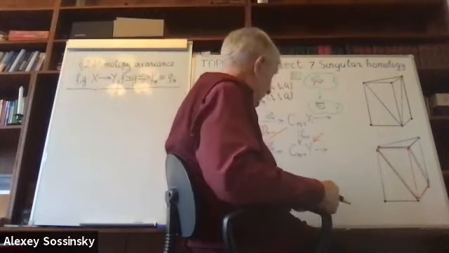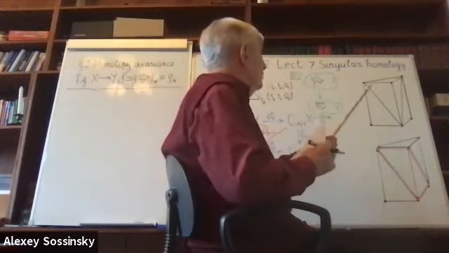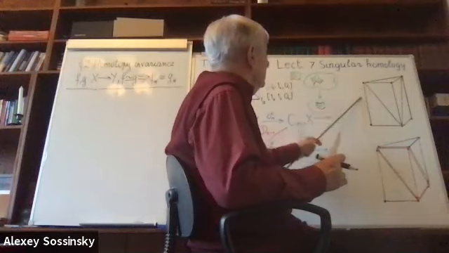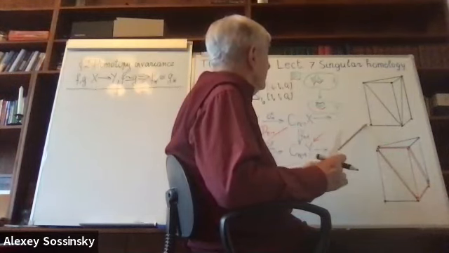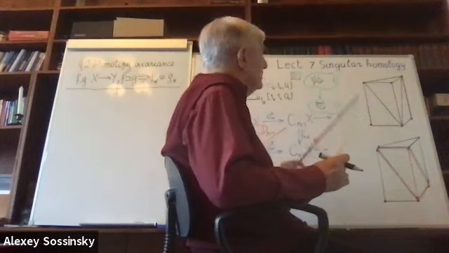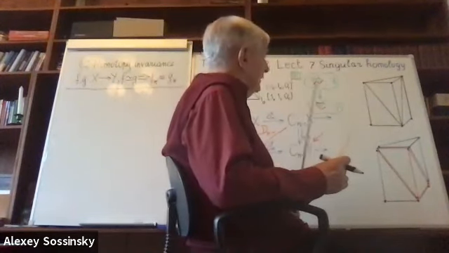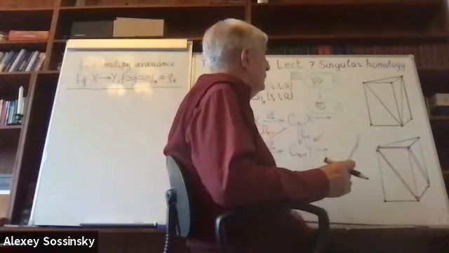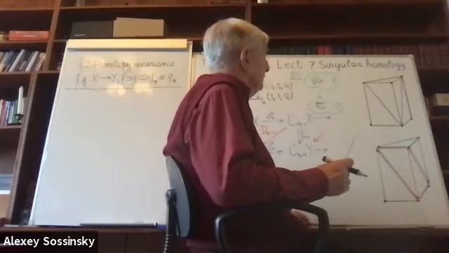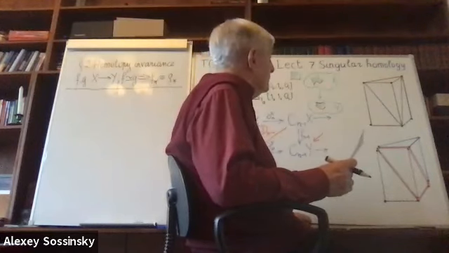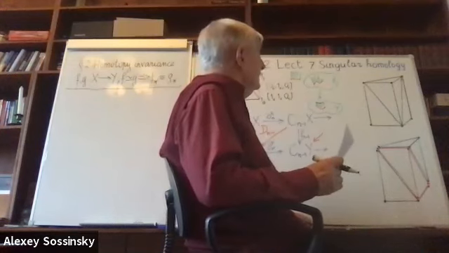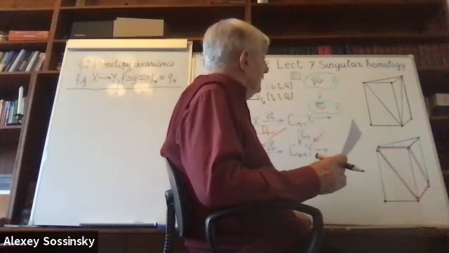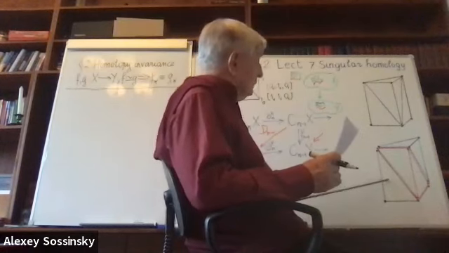So here we have a two-dimensional simplex, multiplied by the segment [0, 1]. So it's a kind of prism with triangular base. We divide this prism into three three-dimensional simplexes, as shown on this figure.